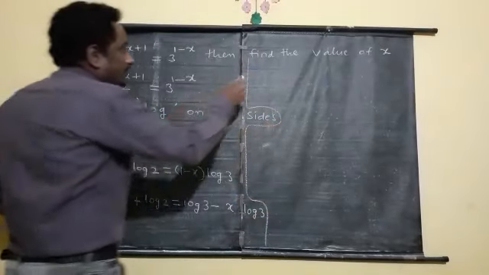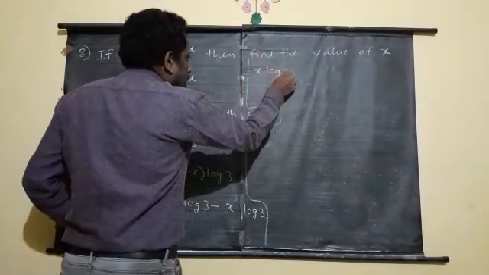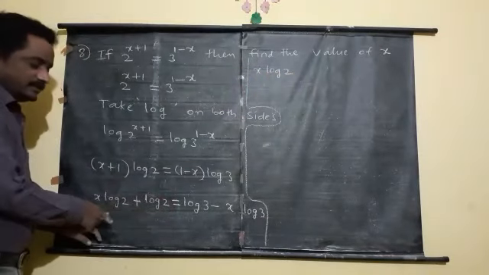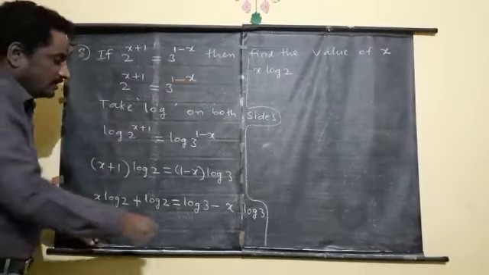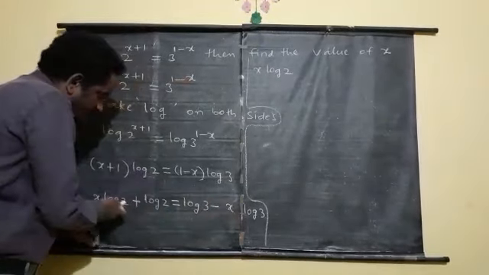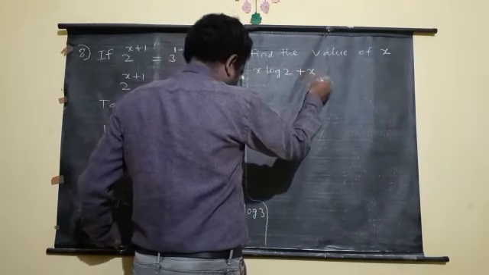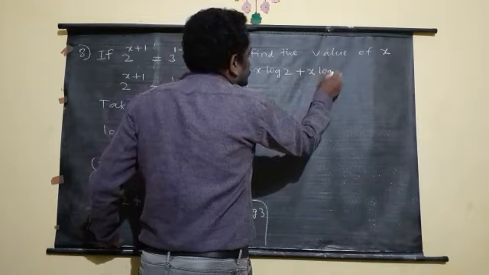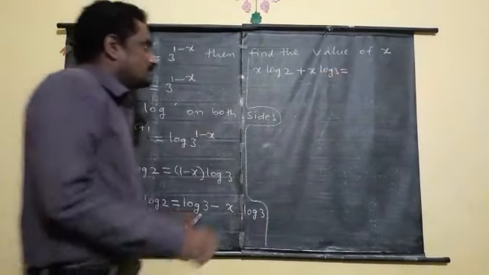See what I am doing here: x log 2 is already on the left side of the equal to symbol, x log 2 I have written. Now this minus x log 3 we have to bring left side. What happens? Plus x log 3 is equal to, right side, already log 3 is there.